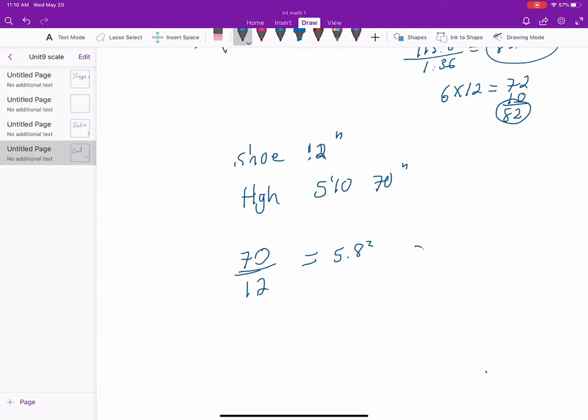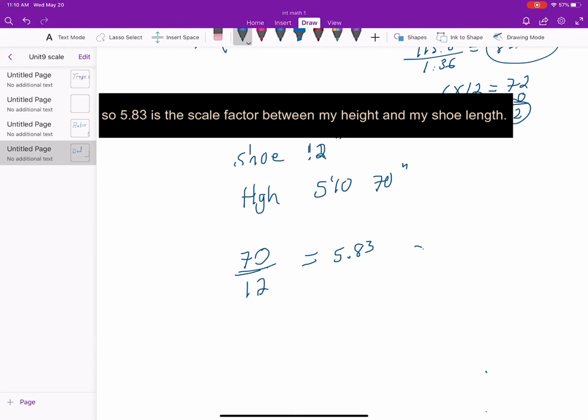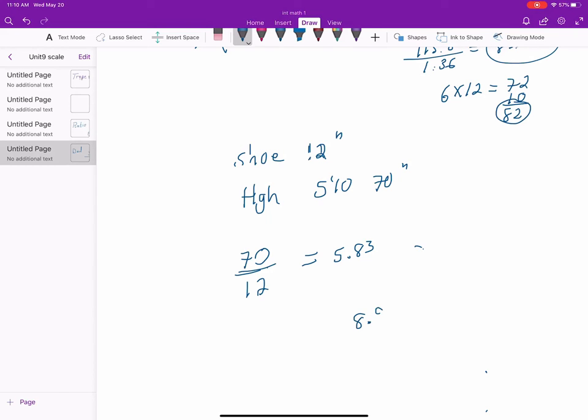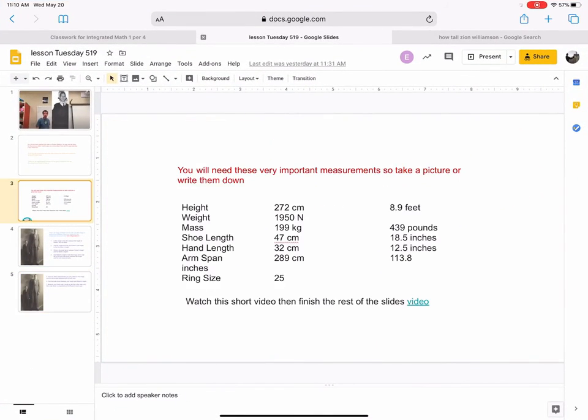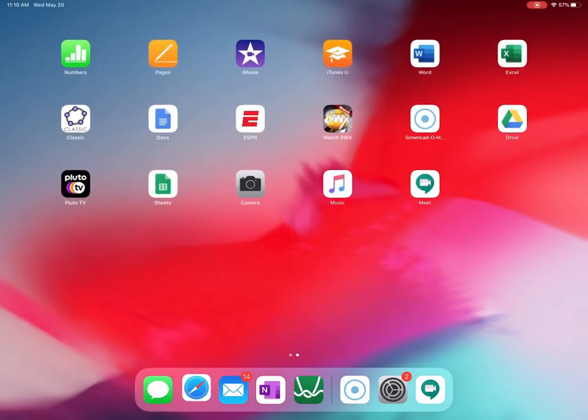Now let's do the same thing for Robert. We're going to take his height, which remember was 8.9 feet, and divide that by his shoe. I'm going to go back and find his shoe. His shoe length was 18.5 inches.